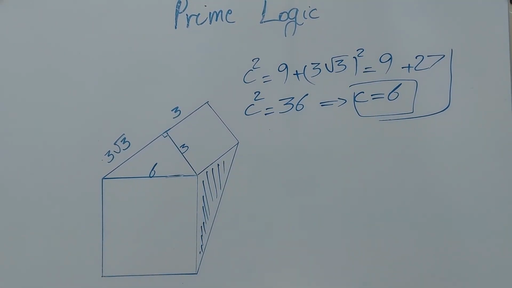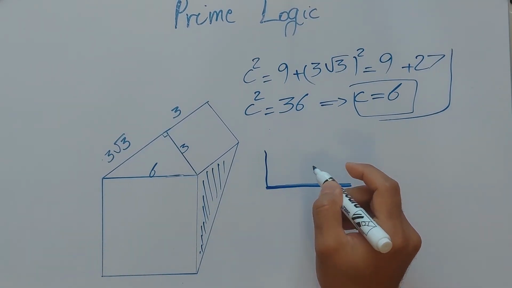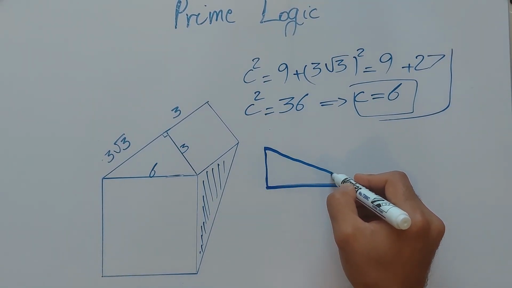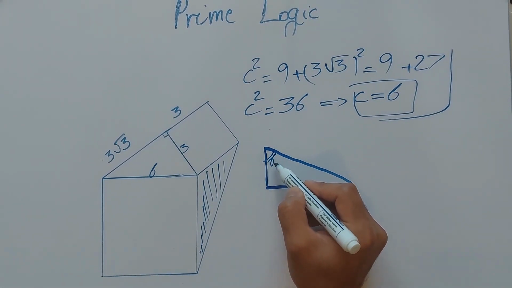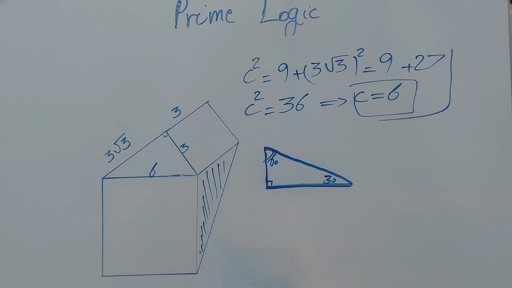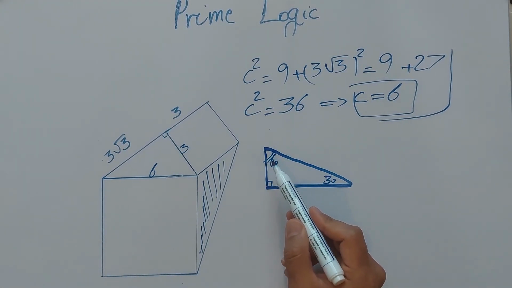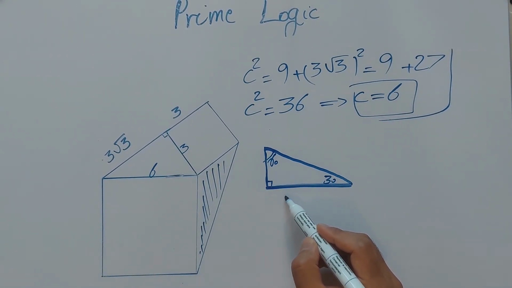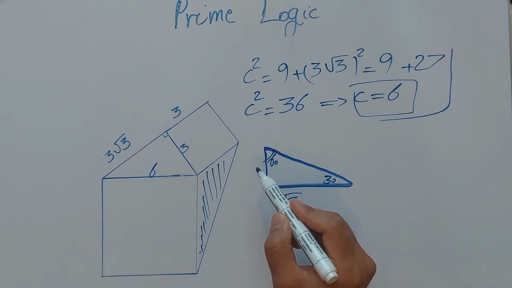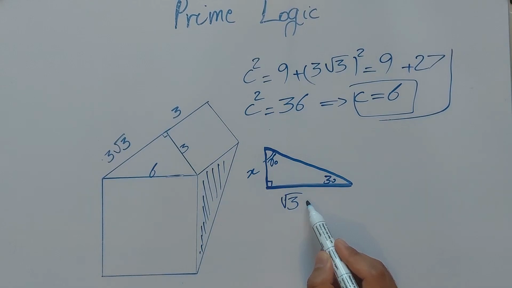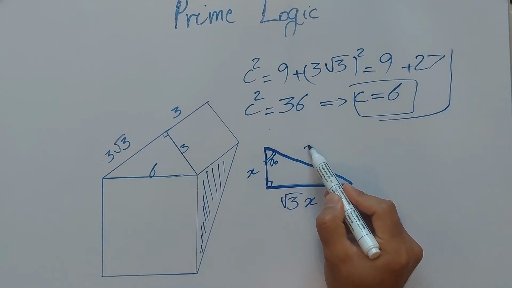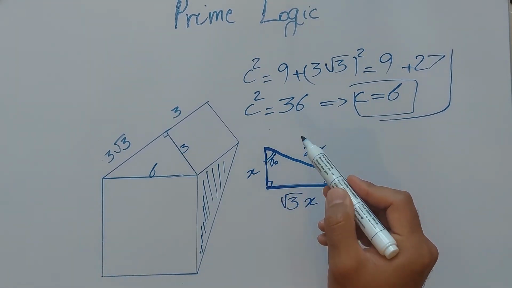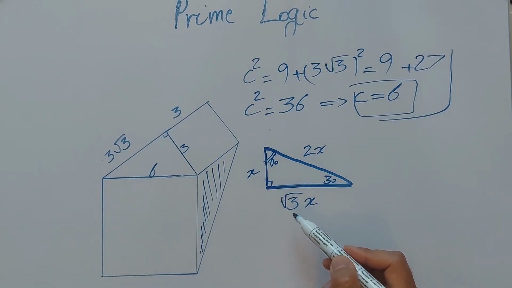In any 60, 30, 90 degree right angle triangle, whenever you have a right angle triangle with other angles of 60 and 30, we can say that the bottom leg is square root of 3 times x, if we name this as x, and the hypotenuse becomes 2x because of the angle. So x, square root of 3 x, and 2x.